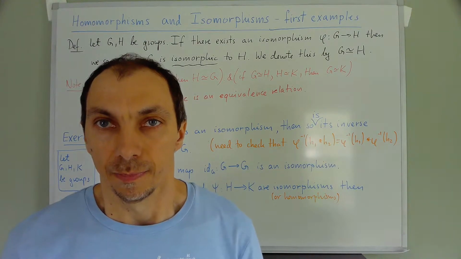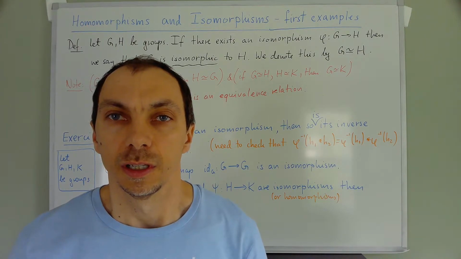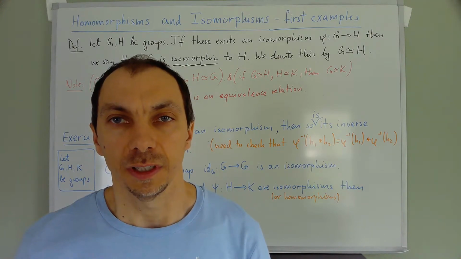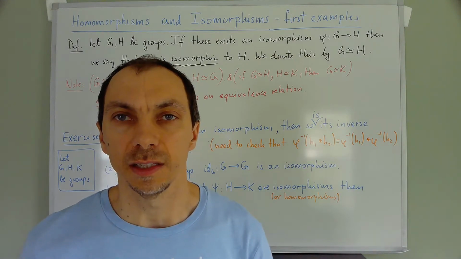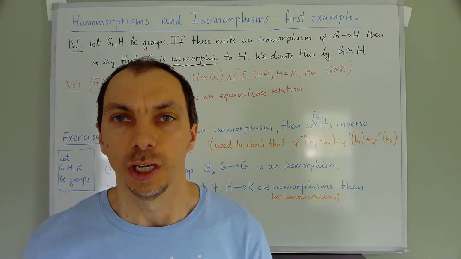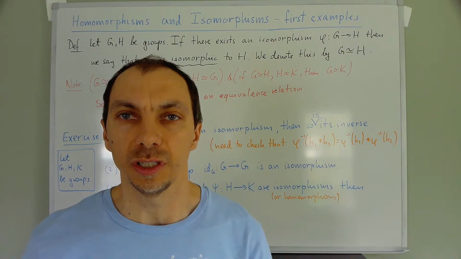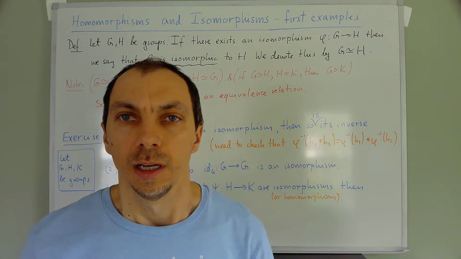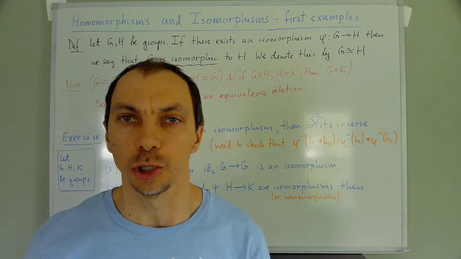Why do we care? Groups that are isomorphic are not really fundamentally different from the point of view of group theory. In fact, if G is isomorphic to H, and I am only a person who is able to distinguish objects based on group theory, then I cannot distinguish between G and H. So from the point of view of group theory, G and H look exactly the same if they're isomorphic.